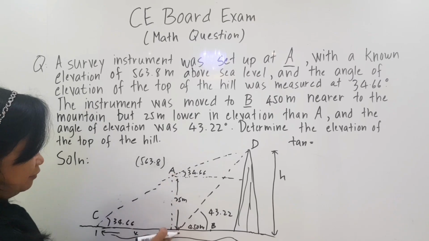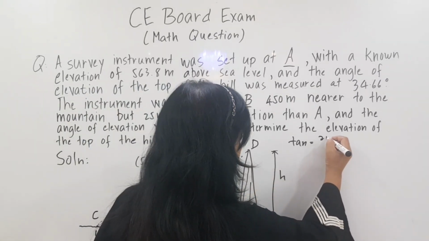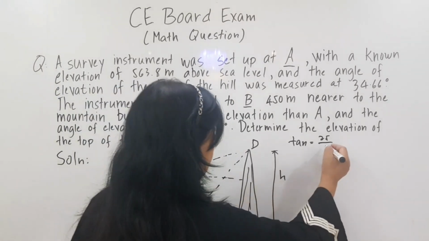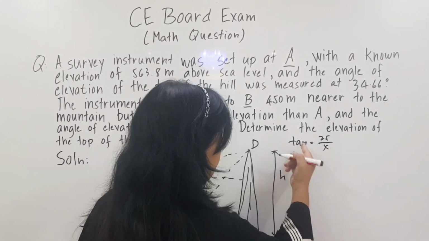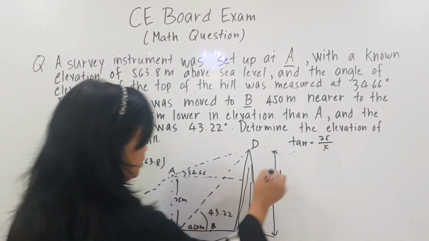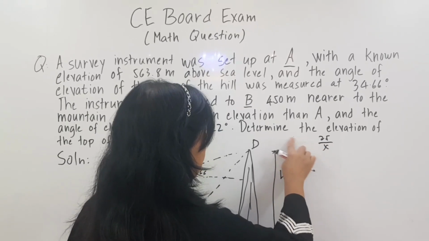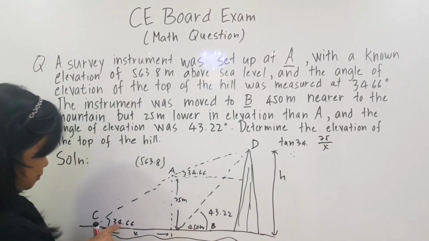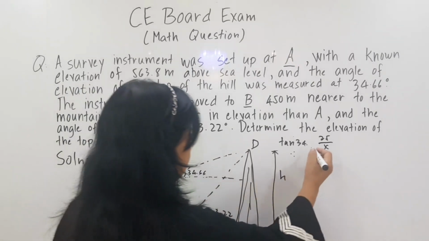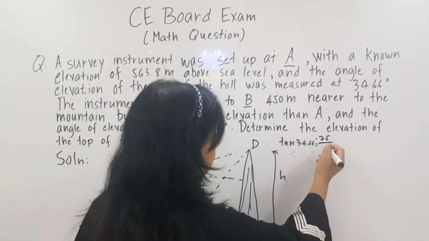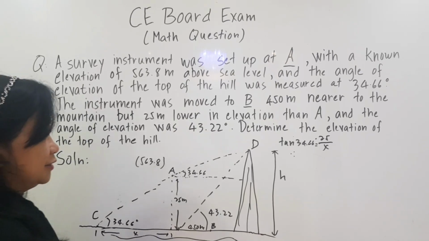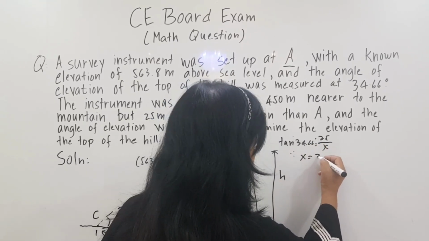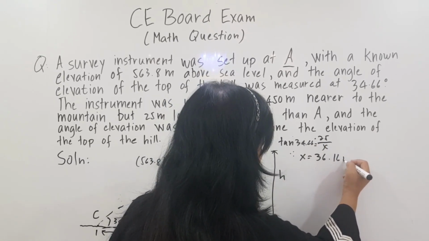So the opposite is 25, divided by the adjacent, which is x. Therefore, tangent of 34.66 degrees is equal to 25 over x. Cross multiplying, the value of x is equal to 36.16 meters.